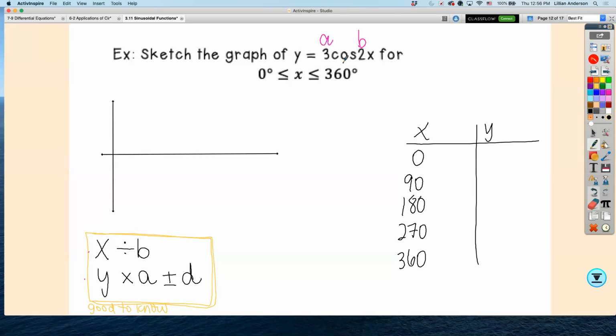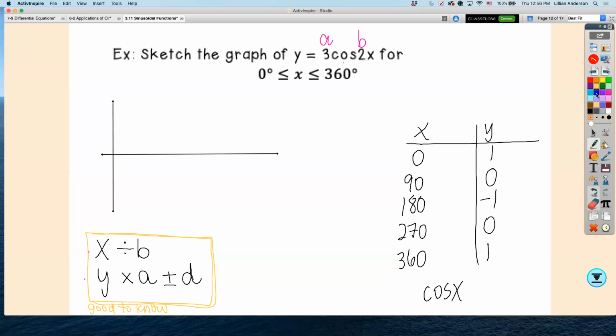Cosine starts at 0 or 1? Starts at 1. Then it goes down, and keeps going down, then it goes back up, and then to 1. These right here in black represent the original cosine points.